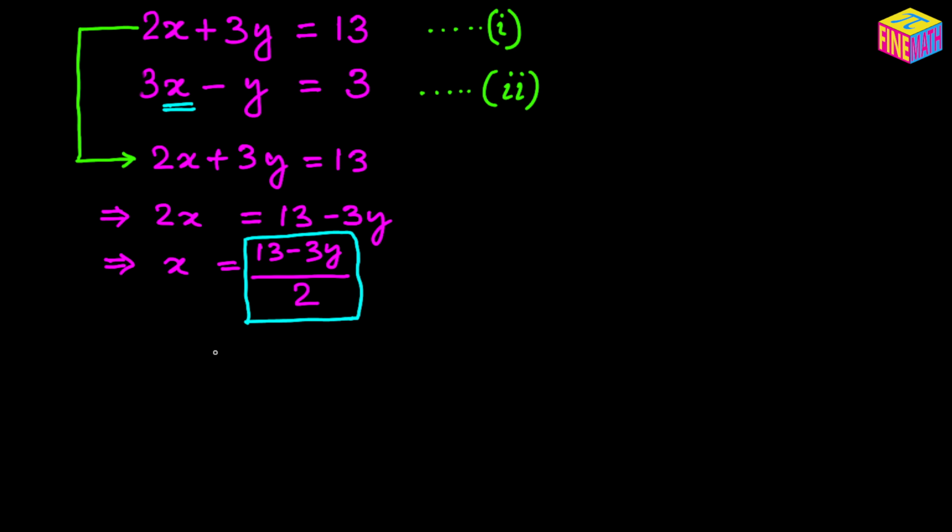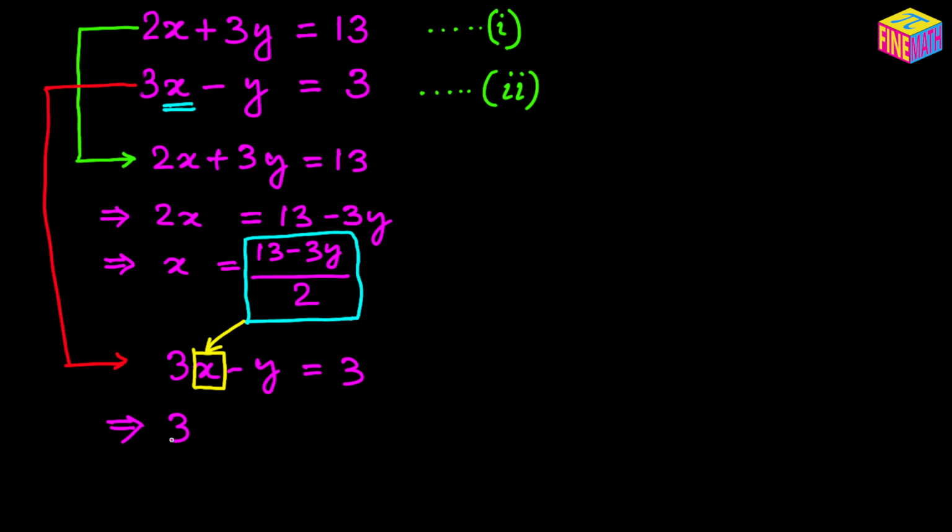Let me first write down the second equation, and now wherever we have the x, we are going to replace it by this value. So in the next step we say 3 times x. Instead of x we write that value of x, which is 13 minus 3y whole divided by 2.